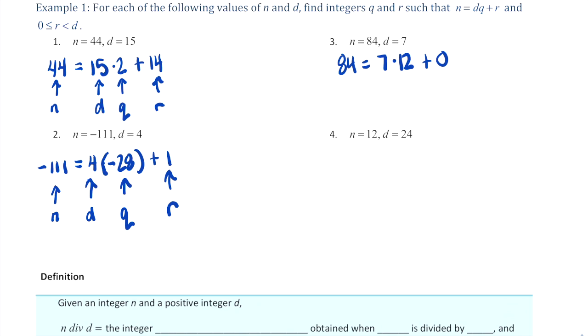So if we want to write it in that format, we would have a 0 remainder. We just add 0. So 84 is our N, 7 is D, 12 is Q, and then R is 0.